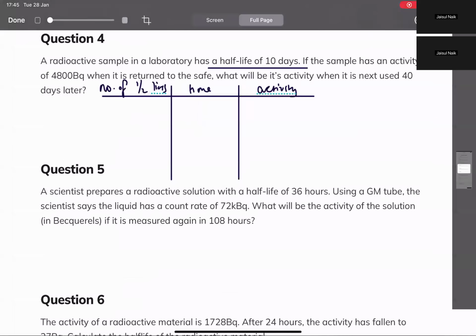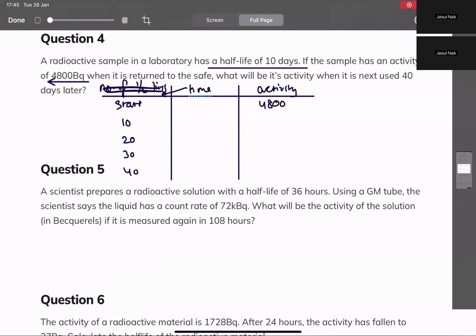So at the start, and then we'll measure it at 10 days, then at 20 days, then at 30 days, and then at 40 days. Oh, whoops, that was meant to be in the time section, so we'll just put that as time. The activity at the start is 4,800.